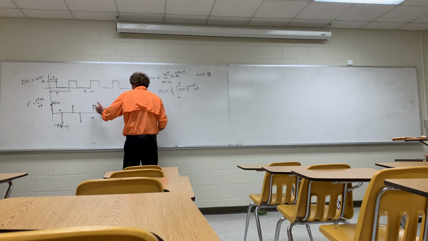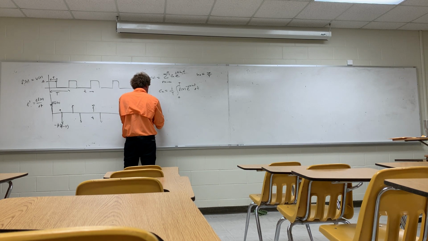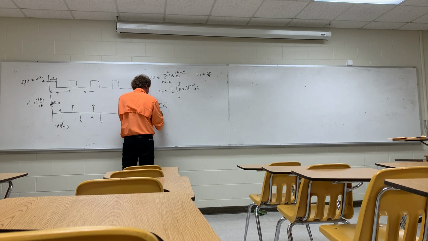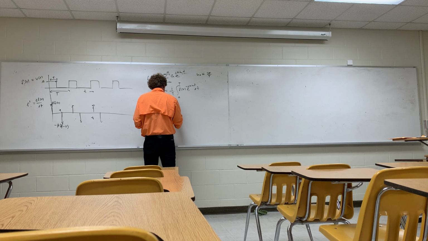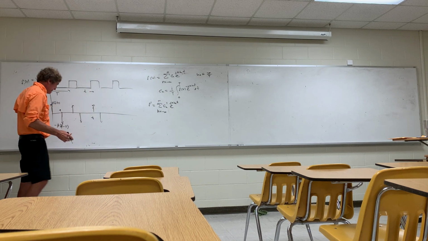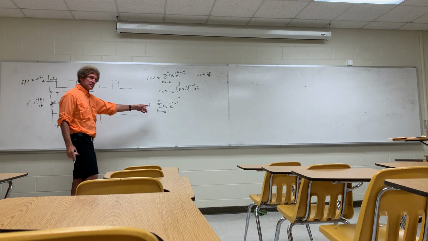Now coming over here, because it is a repetitive series, I could say that f prime itself is equal to simply a summation of, I'll call it Cn prime, from n equals minus infinity to infinity, of e to the j n omega naught t. And what I'm really doing is saying, even though it's impulses, it's a repetitive series, right? It repeats itself every period, so it can be expressed this way.